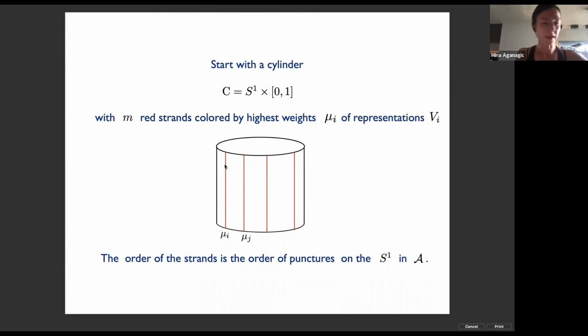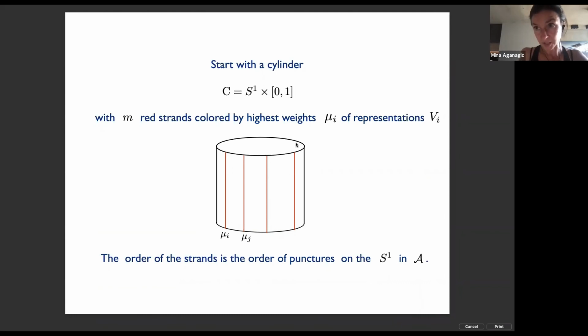One can describe it by starting with a cylinder with M red strands running along it, labeled by highest weights of the representations associated to vertex operators, the representations coloring the knots. The order of the strands is the order of the punctures on the circle in the Riemann surface. In fact, the circle here, S1 in our cylinder, is the circle that comes from the Riemann surface.